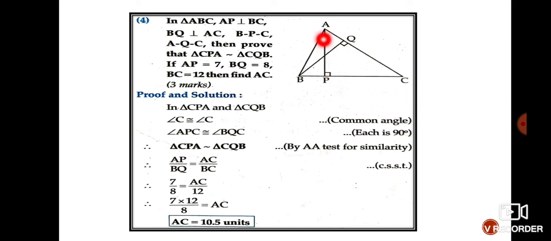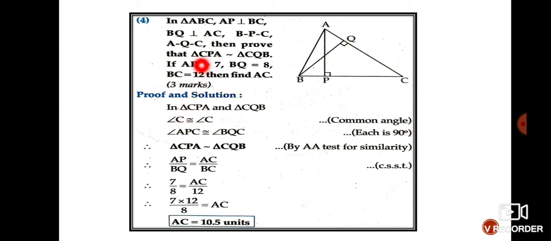Now if AP is equal to 7, BQ is equal to 8 and BC is equal to 12, find AC.